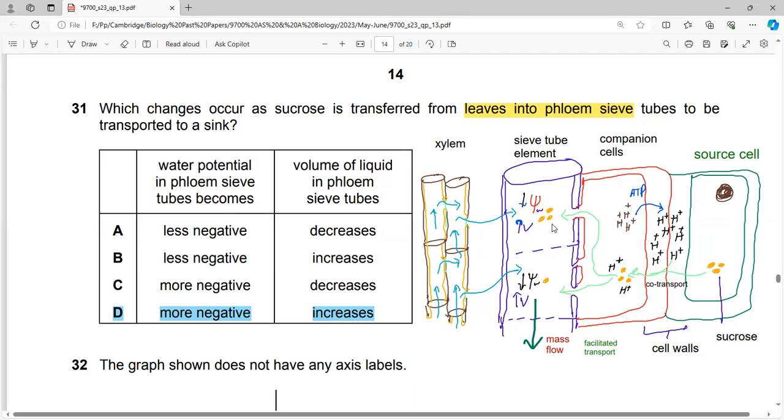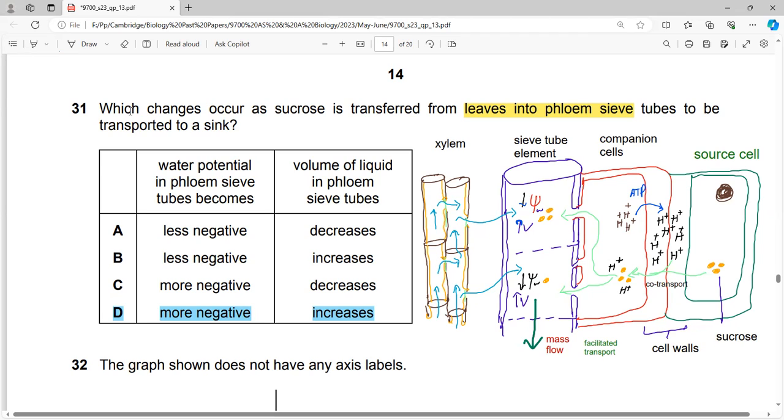In this way, this will generate high hydrostatic pressure, and water starts moving from high to low pressure. This is called the mass flow method. Now, if the distance from the source cell increases, the overall pressure of the water decreases. We will get that in another question.